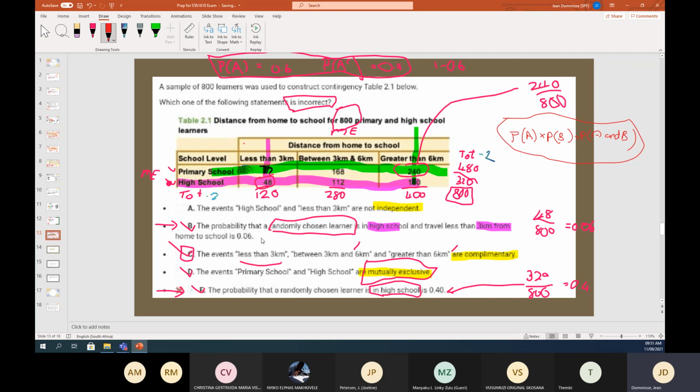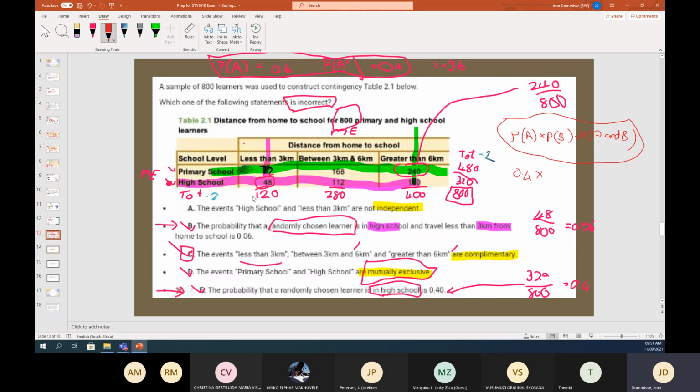So let's look at what is the probability of high school. We've seen the probability of high school was 0.4. What is the probability of less than 3 kilometers?